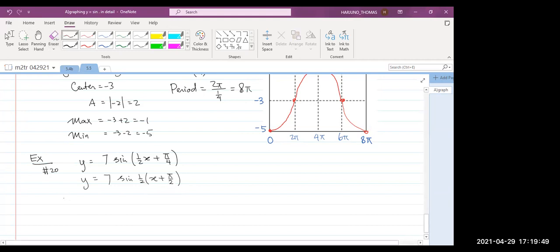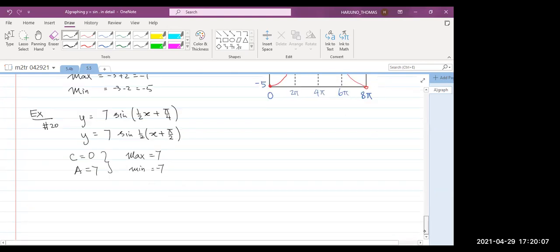From there, we see that the center is 0, the amplitude is 7. So the maximum is 7, the minimum is -7. How about the period? The period is 2 pi divided by the coefficient of the angle. So the period is 4 pi.